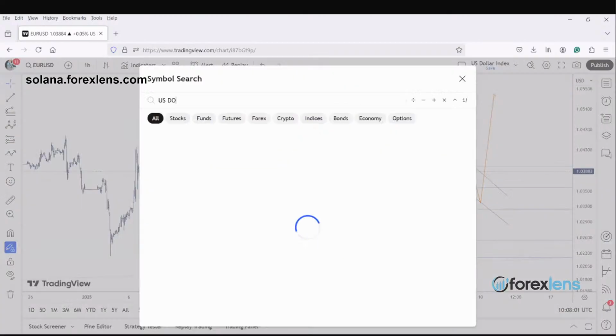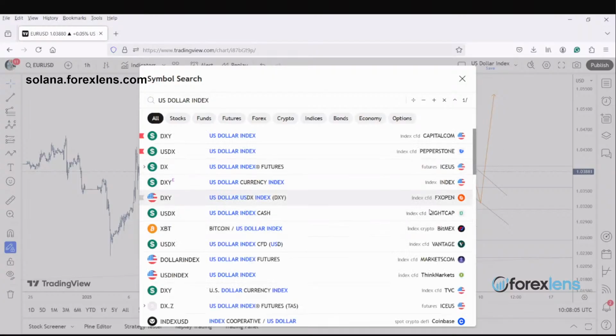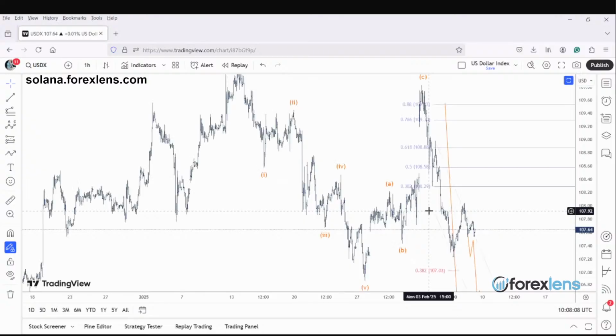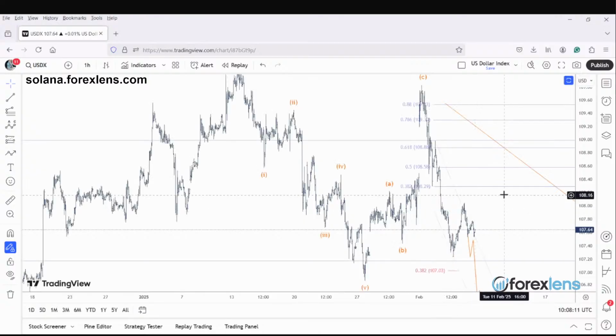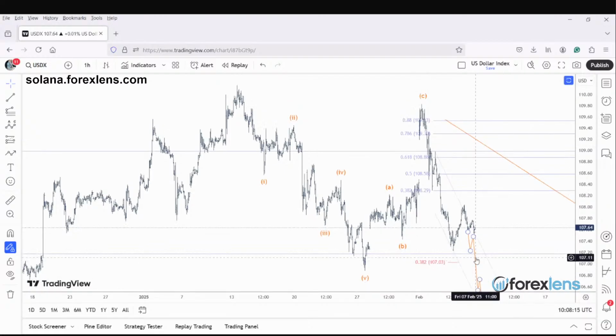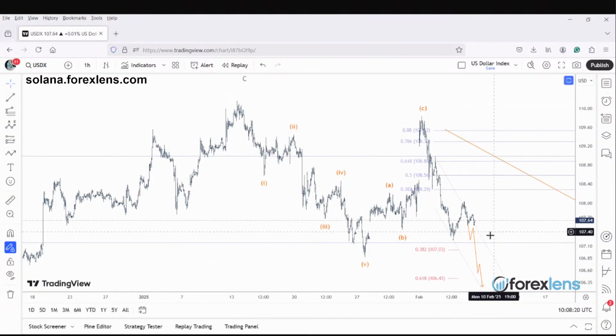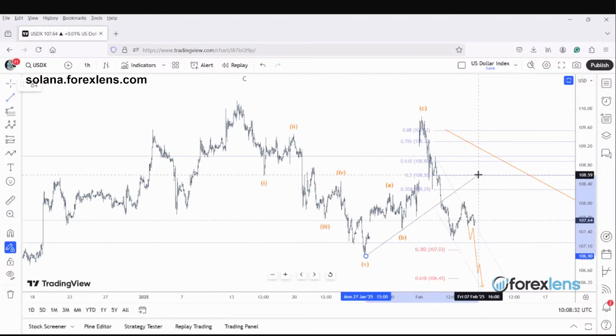All right, the dollar index now. Quite a bit on the same lines for the dollar index as well. A Gartley structure is quite possible. So what I'm going to do is keep that arrow as it is, and also let's do the trend lines here. That was the counter trend line.